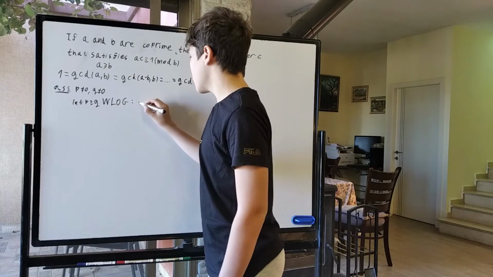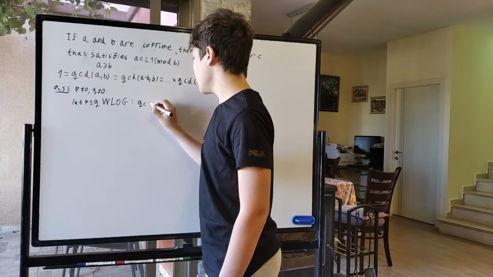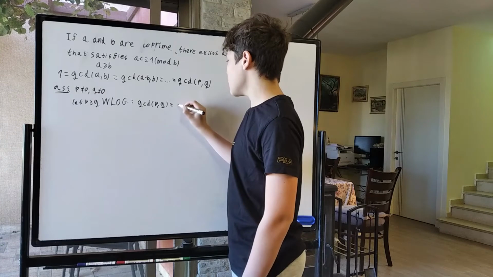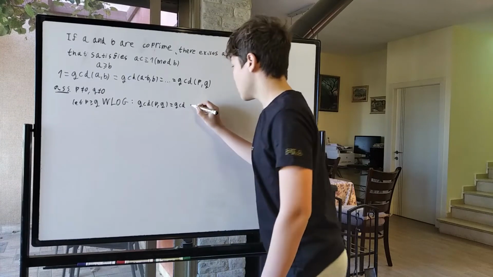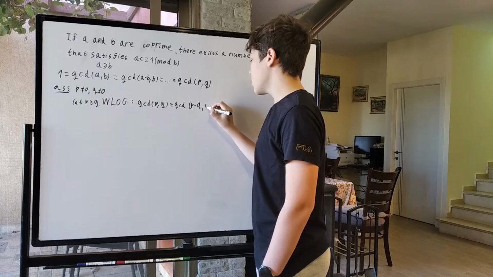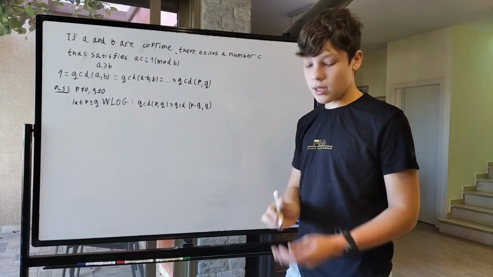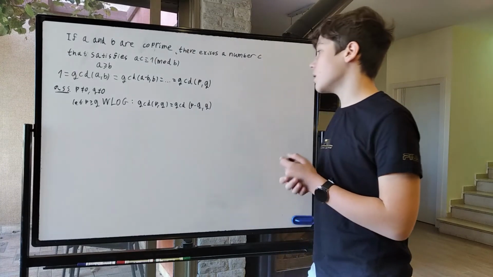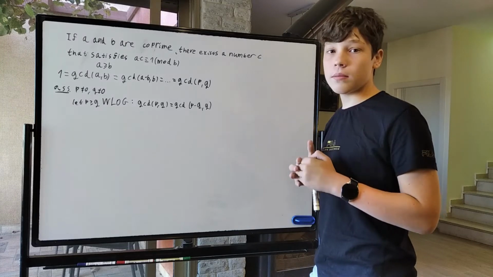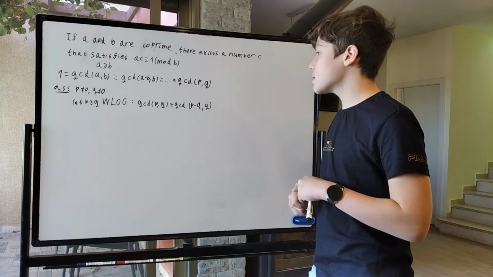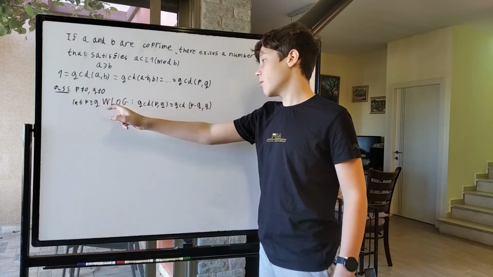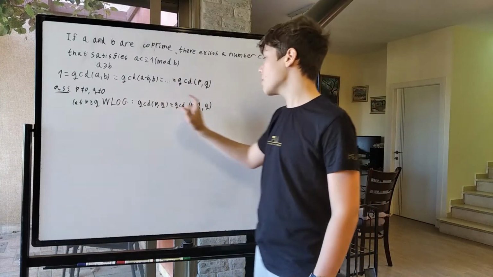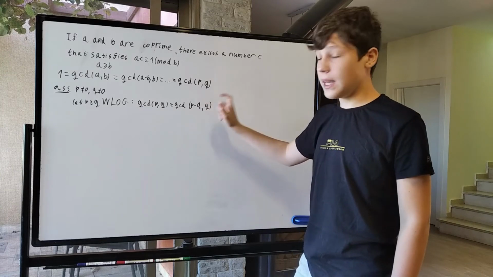And then we get that our GCD of P and Q is now the GCD of P minus Q, comma Q. So we just used this algorithm again by its definition, and now this is a contradiction because Q is different than 0, we know P minus Q has to be smaller than P, and because P is bigger than or equal to Q, we know this has to be a non-negative integer.